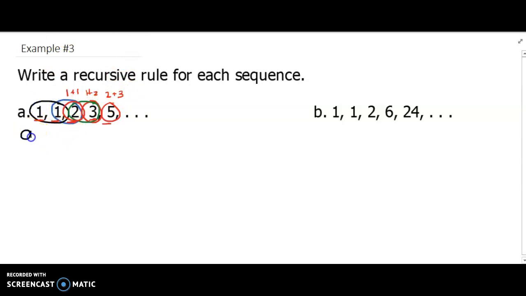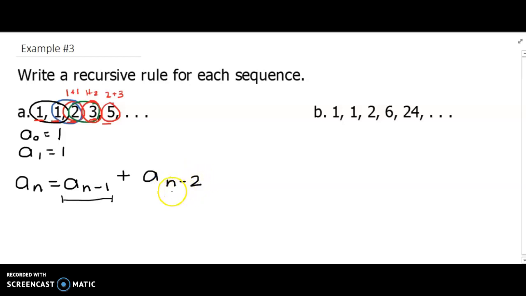So I'm going to let my a sub 0 equal 1, and I'm going to let my a sub 1 equal 1. I'm going to tell whoever I need to, hey, the first 2 terms of the sequence are 1 and 1. After that, I can say my next terms are always a sub n minus 1, this is the previous term, plus the term before that, a sub n minus 2.